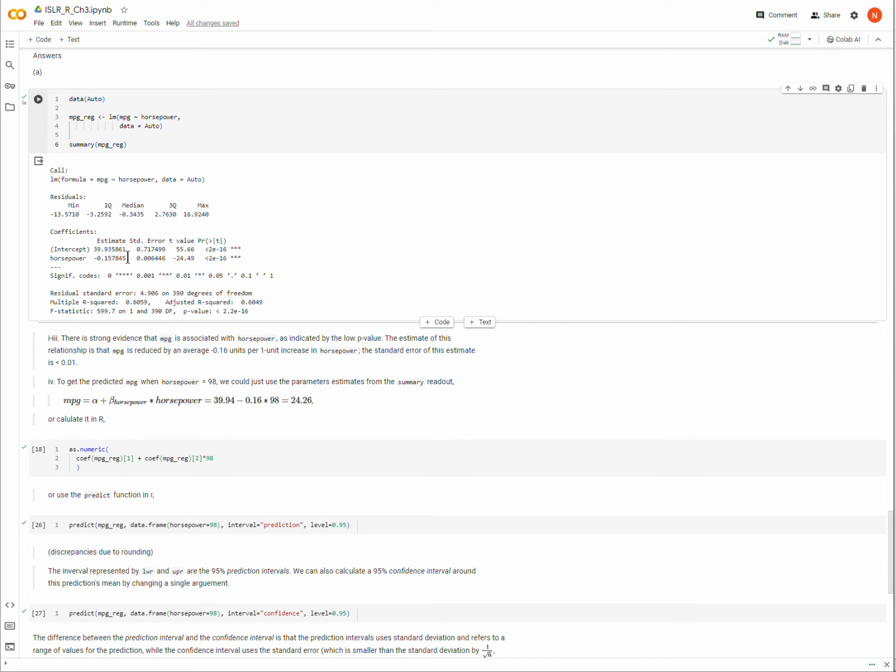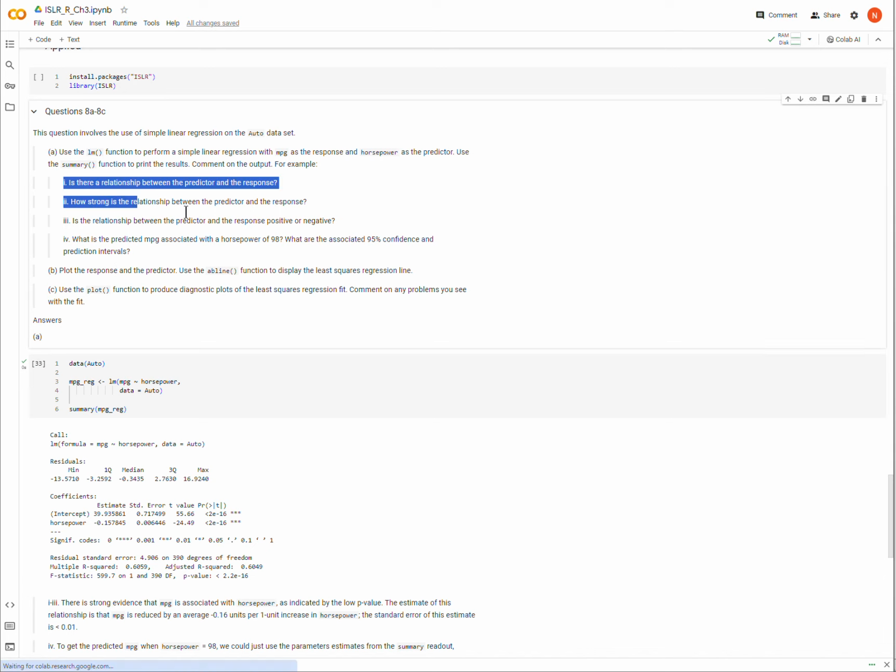With the estimate, we can say that miles per gallon is decreasing, because of the negative sign, by 0.16 miles per gallon, or whatever the units are, for every 1 unit increase in horsepower. There would also be a standard error associated with that estimate. So that addresses all of part A.